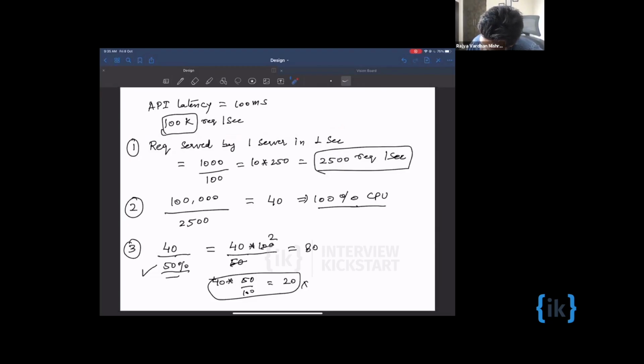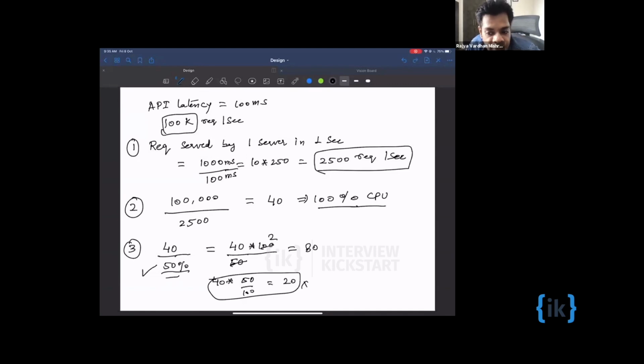Now we know that 1 second is 1000 milliseconds, right? So I specified here, 1 second is 1000 milliseconds. And we know that 100 milliseconds is taken by one API call. So that means one thread will be able to serve 10 requests per second.